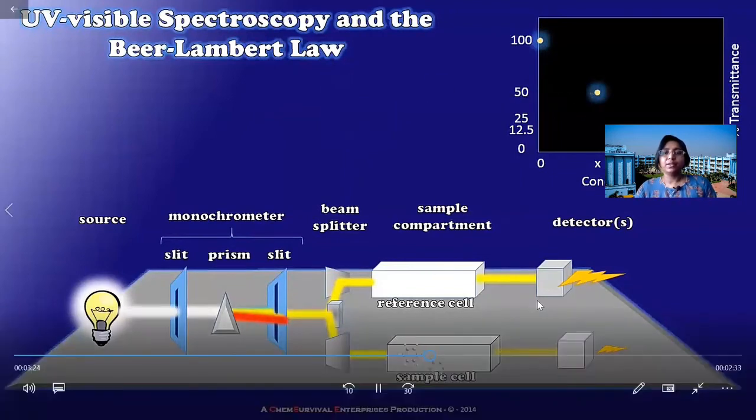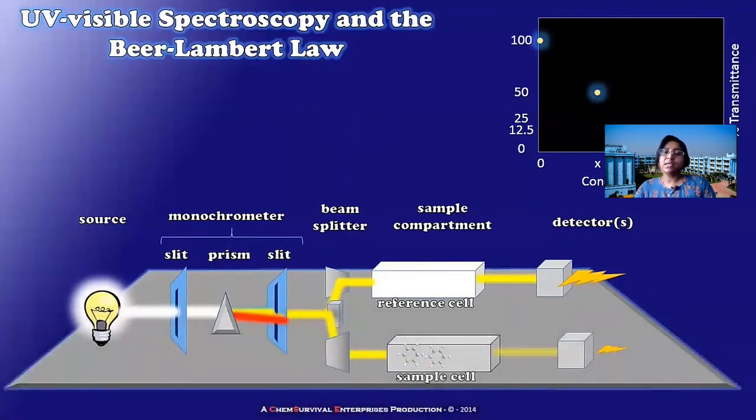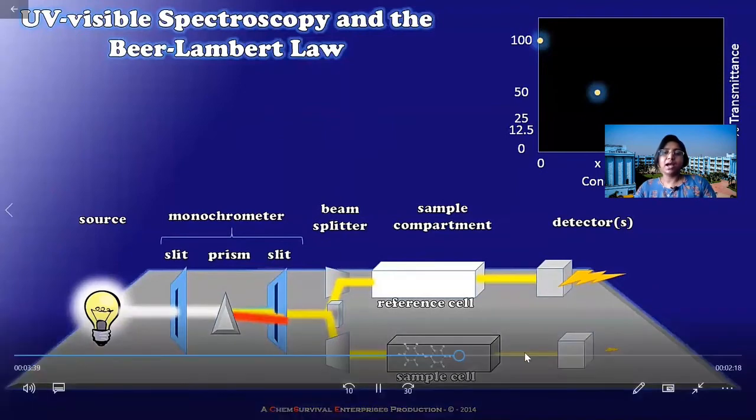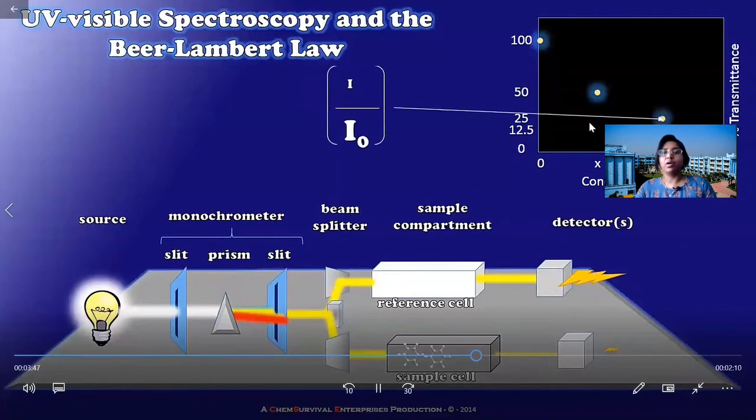Again, we take a sample which can absorb the yellow radiation more. The light is absorbed more and the transmitted light intensity decreases further, so I is decreased more. Again, we take the ratio and plot it here.